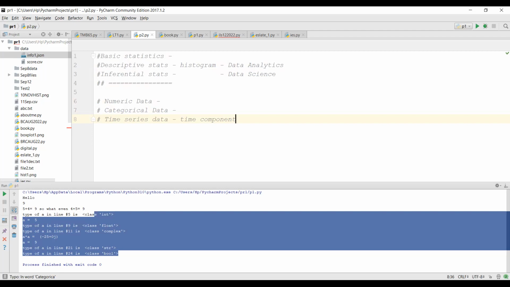But most of the analysis we are doing will be based on numeric and categorical, right? We'll do a little bit of time series and a little bit of text data. Text data is like when you are analyzing tweets.